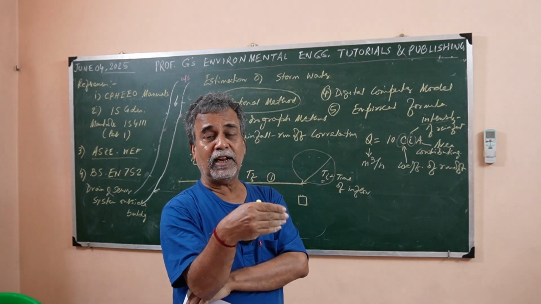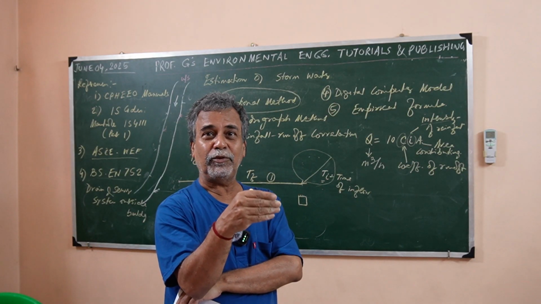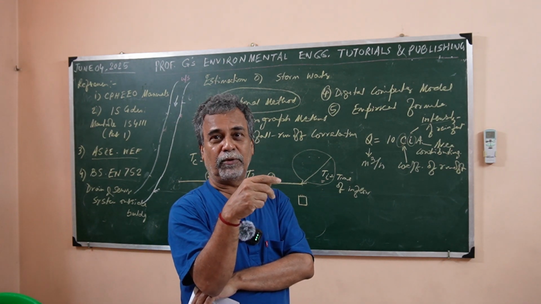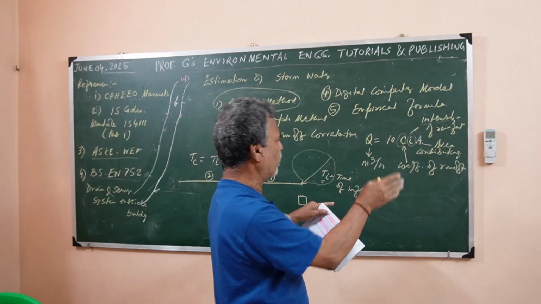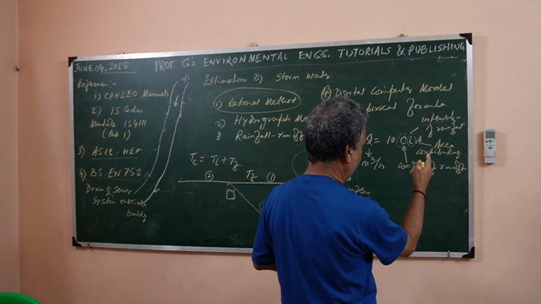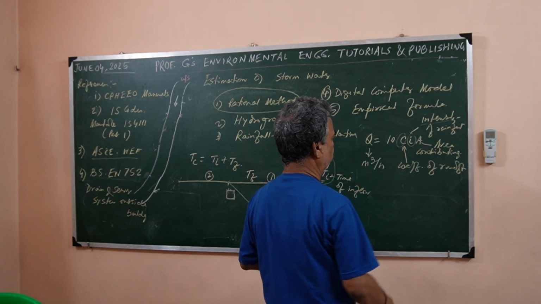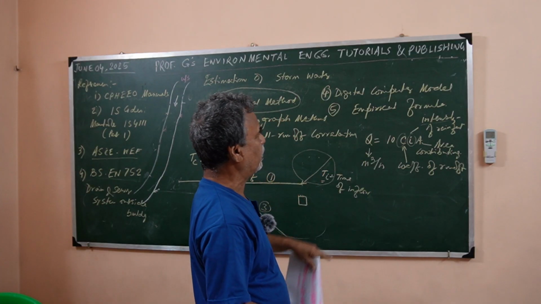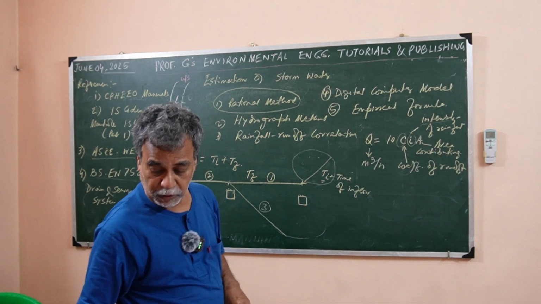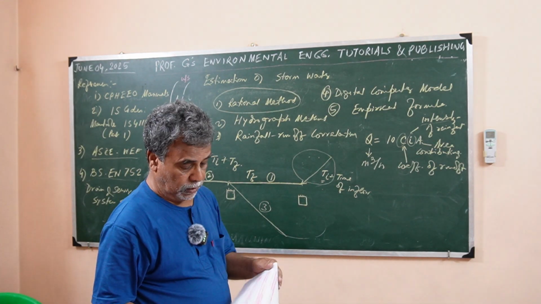But as the rainfall continues, the area will be saturated, then the percolation will be less and the runoff will be more. So there is that correlation, but the details we will discuss when we discuss the design, and then it will be more clear. So Q is equal to 10 C I A is used for estimation of the storm flow.